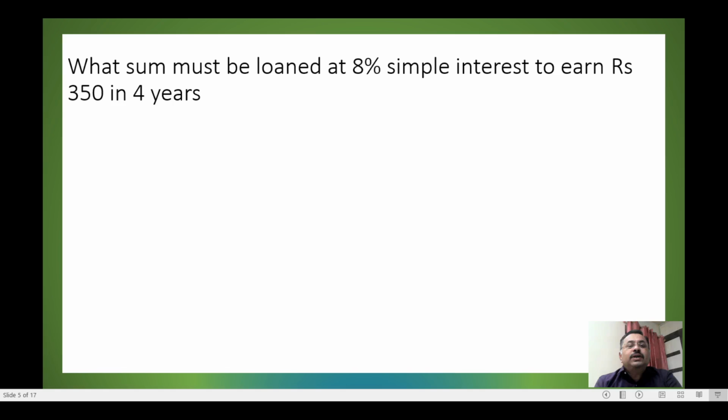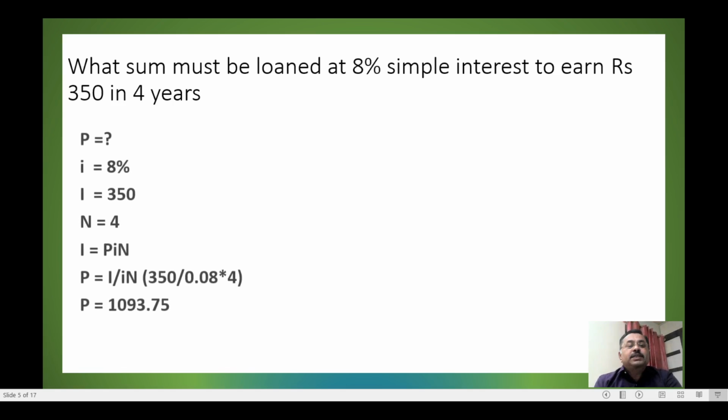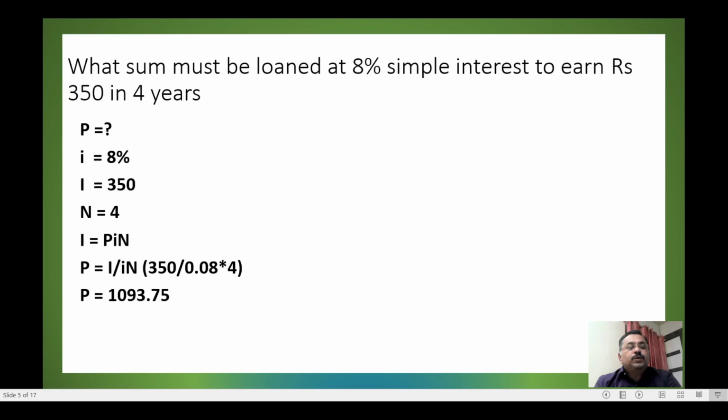He is asking you to calculate the loan amount, that is the principal amount P. P is equal to what? i is given as 8%, capital I, the interest we are earning, is 350, and N is equal to 4.